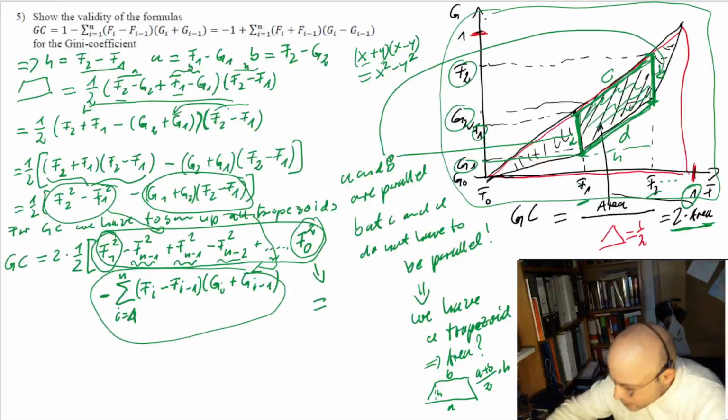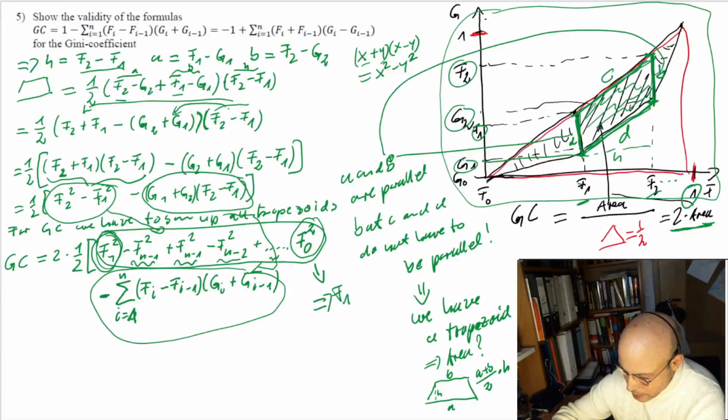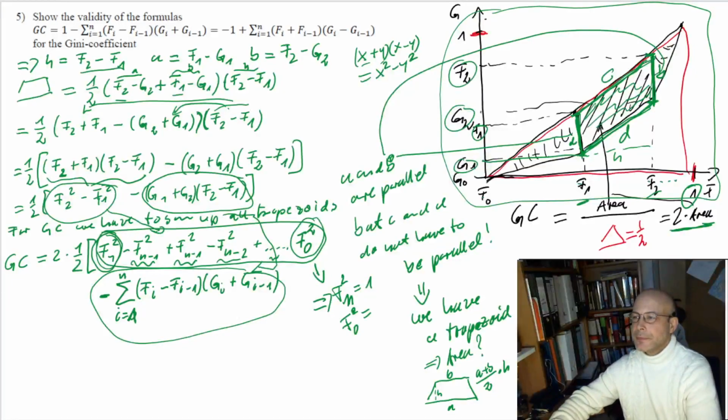So f_n squared is 1, and f0 squared is, of course, where do we start?